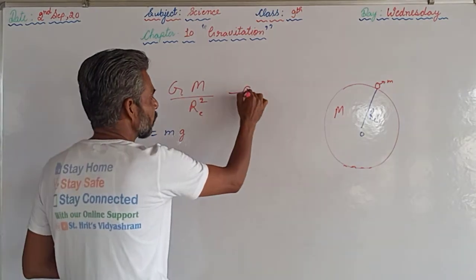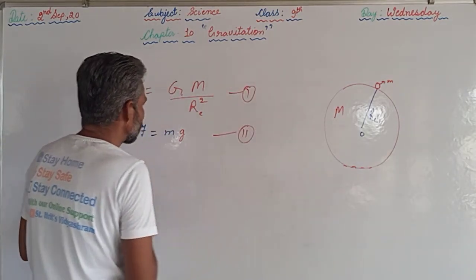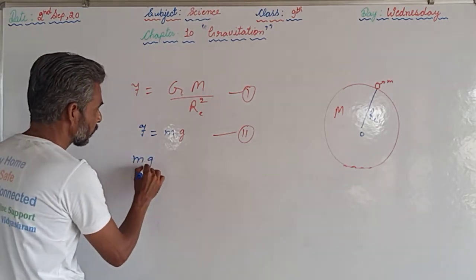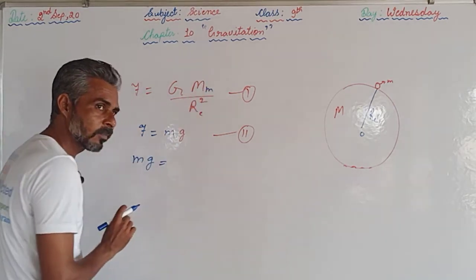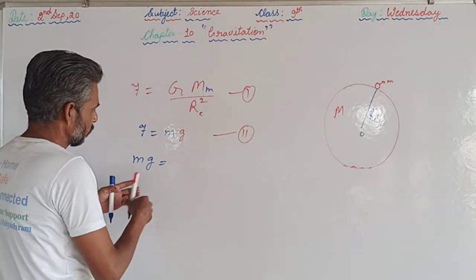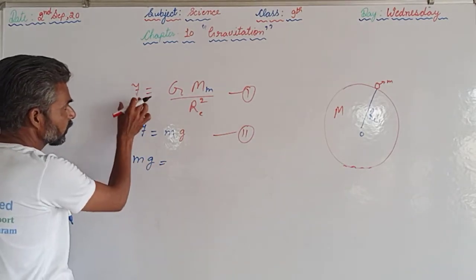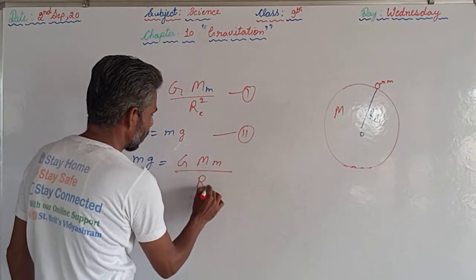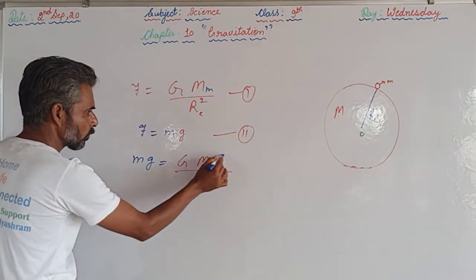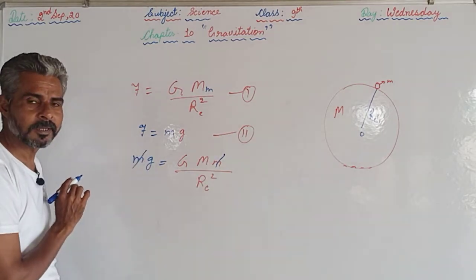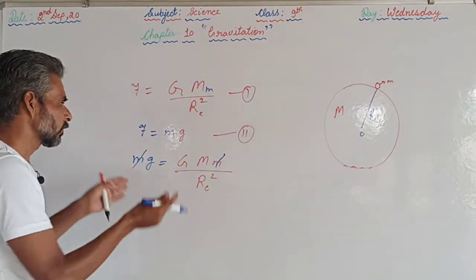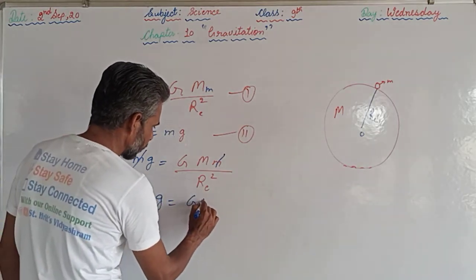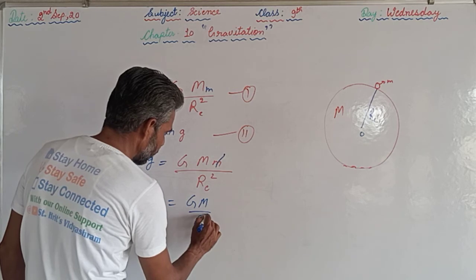So this is equation 1, this is equation 2. From 1 and 2, both are values of F, so we can write mg equals G M m upon RE square. The small m cancels out, even though it is minute, and the value of g will be G M upon RE square.